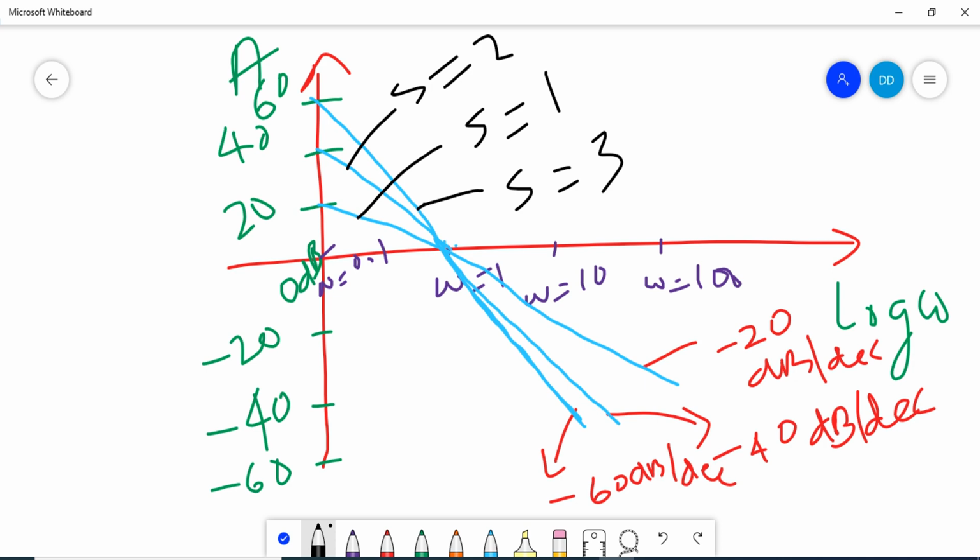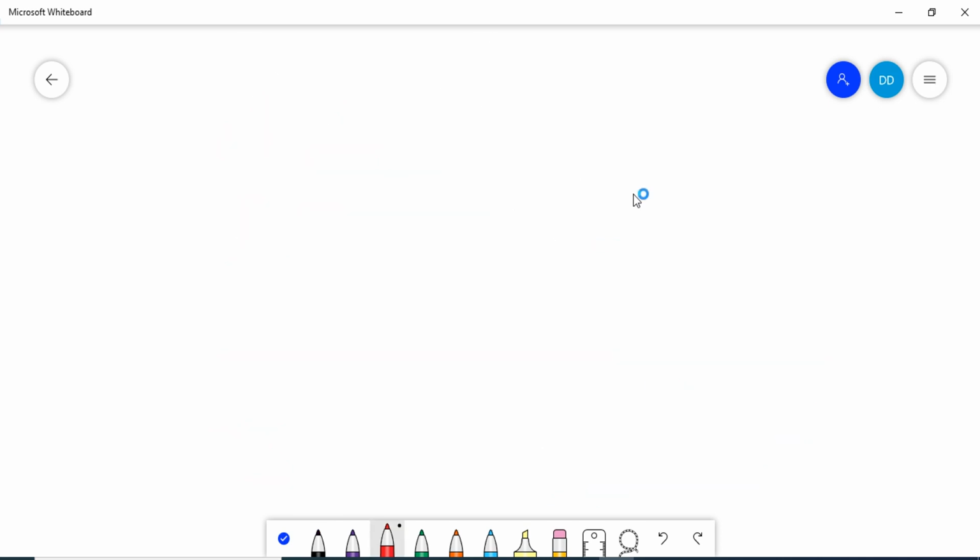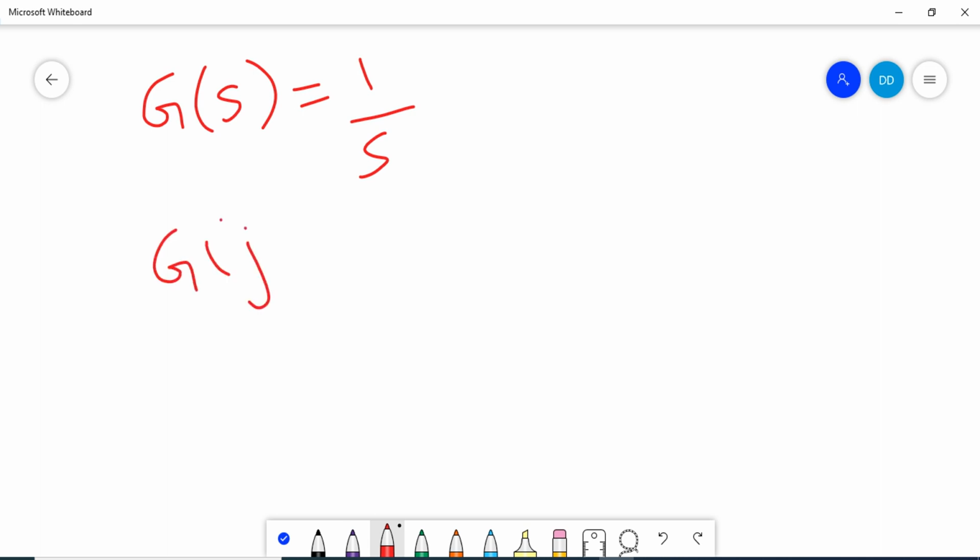Next we will see the phase plot of one pole at the origin, which is obtained by considering the phase angle of G(jω). First we consider the transfer function G(s) = 1/s, which is nothing but one pole at the origin. We replace s by jω, so it becomes 1/(jω).